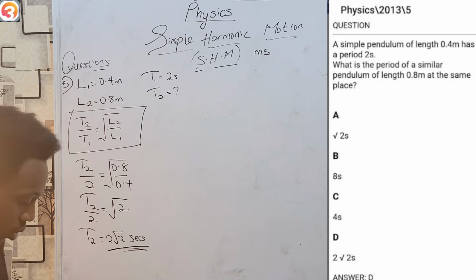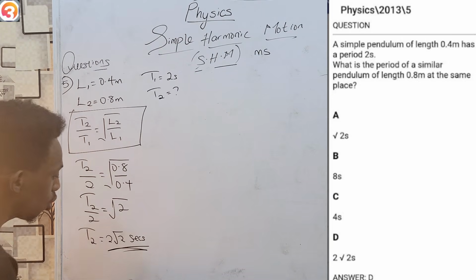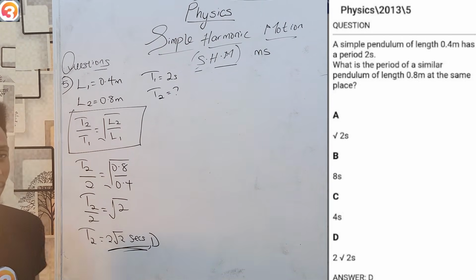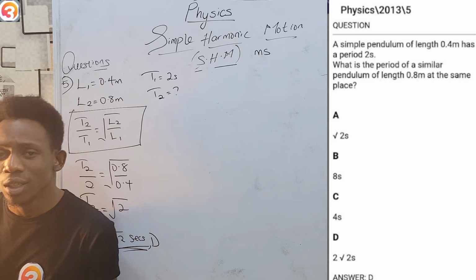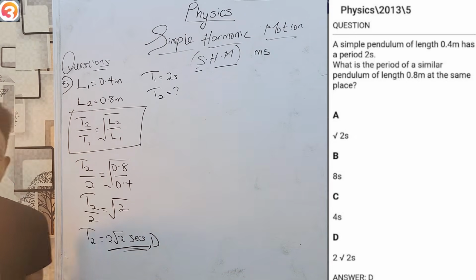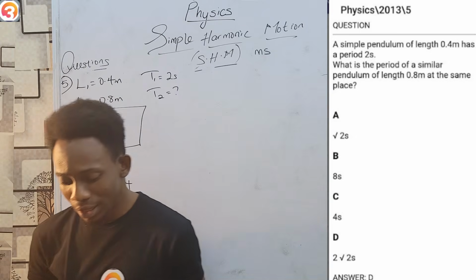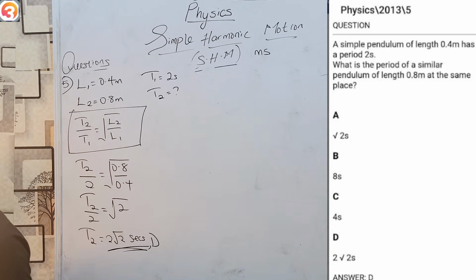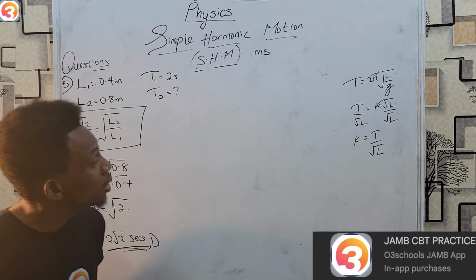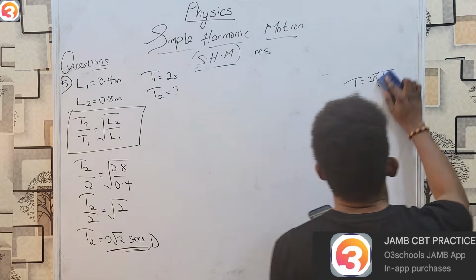And if I check my options, that is option D. So again, you see, in Simple Harmonic Motion, you just have to know these formulas and your solving will come across quite easily.